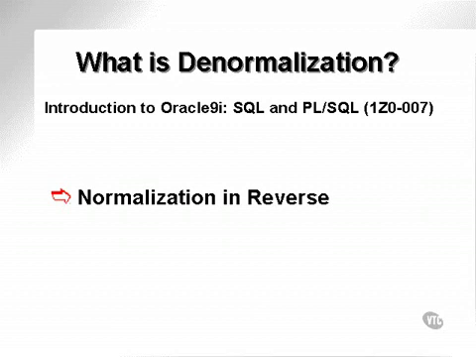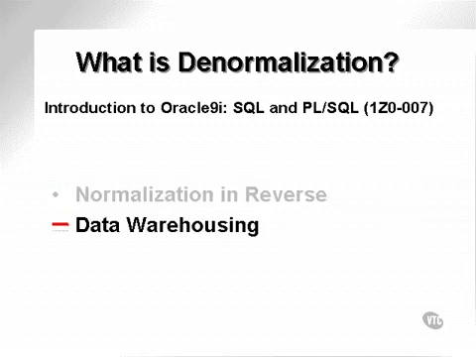What is denormalization? Denormalization is really normalization in reverse. However, I like to include a number of other things, namely data warehousing, which is effectively a database that's created for, amongst other things, reporting purposes.